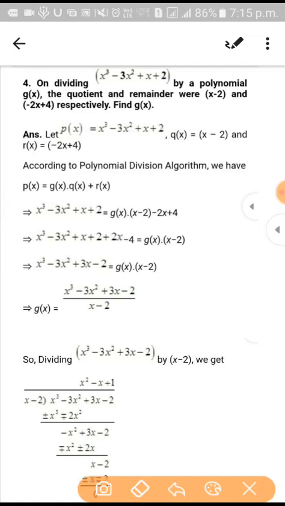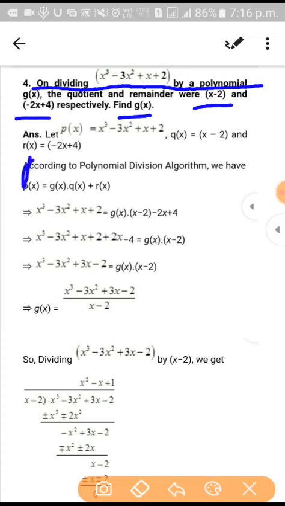So in this question, what is the question? On dividing x cube minus 3x square plus x plus 2 by a polynomial gx, the quotient and remainder were x minus 2 and minus 2x plus 4. Find gx. So to solve this question, we will apply the division algorithm.